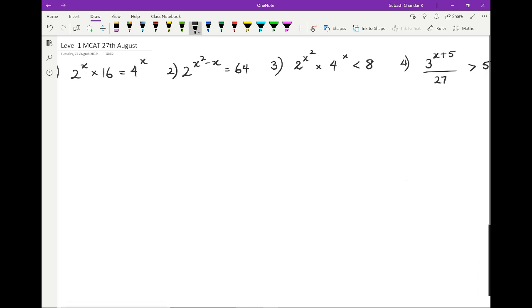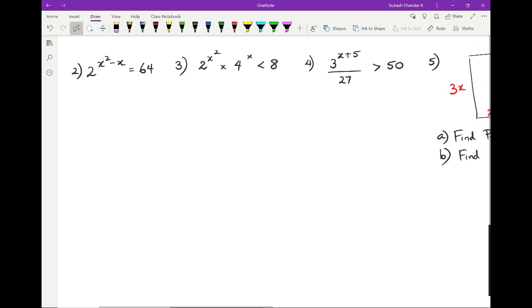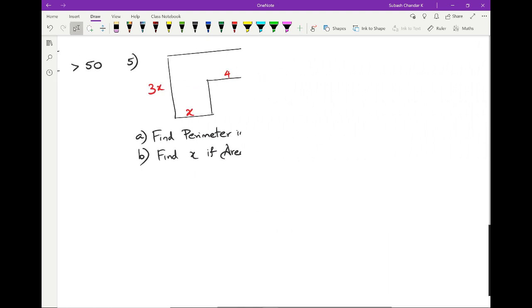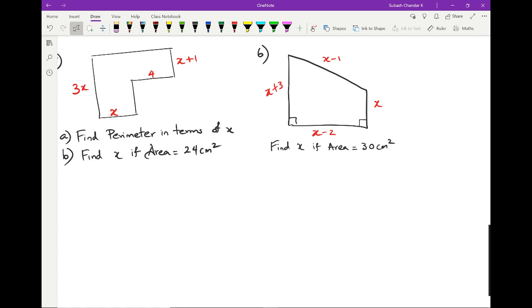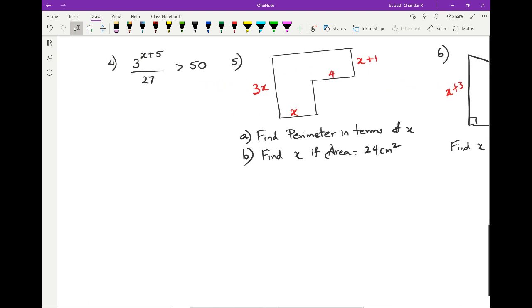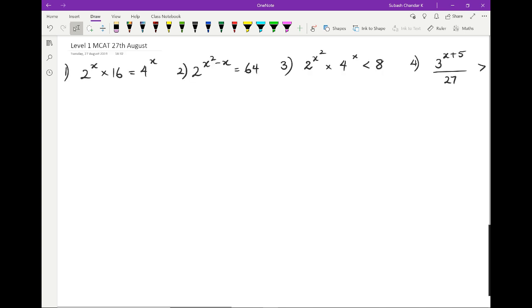So today we're just going to be looking at a couple of exponent questions. There's about 4 of them. And then I've got 2 more questions here, which are some perimeter questions, which I also see popping up. Okay, so I hope you guys got all of that, and we'll get started with the first question.